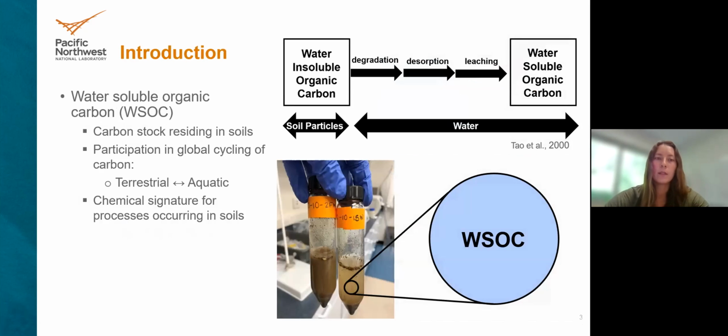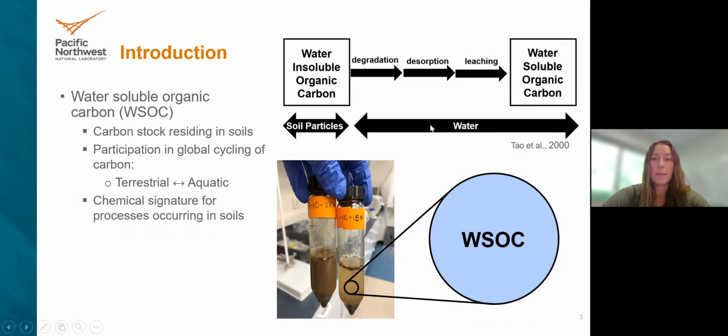So first off, what is water-soluble organic carbon? A very general definition is that it's a mobile carbon stock residing in soils that can move from terrestrial to aquatic ecosystems through mechanisms such as flooding.